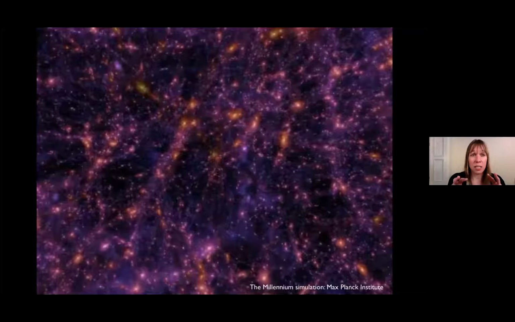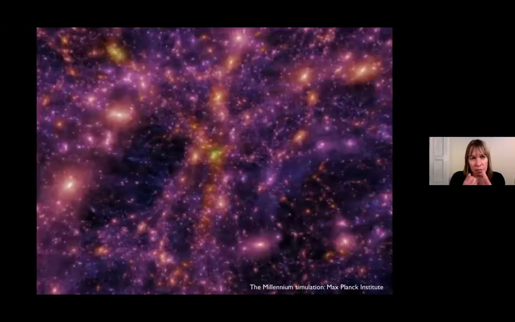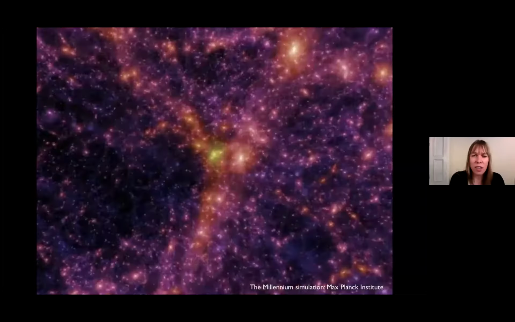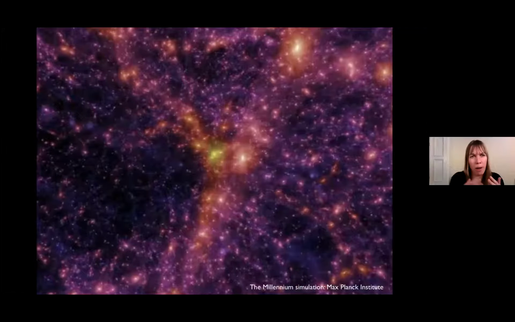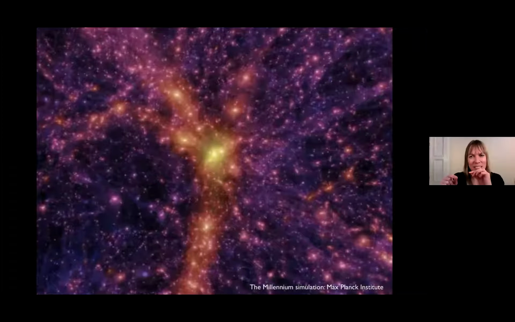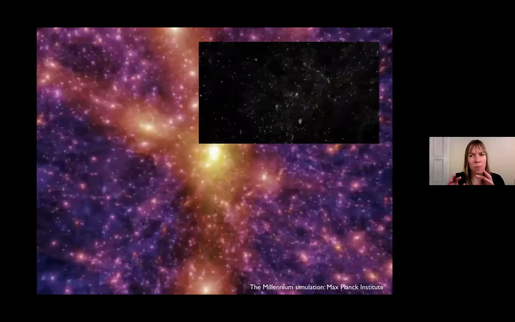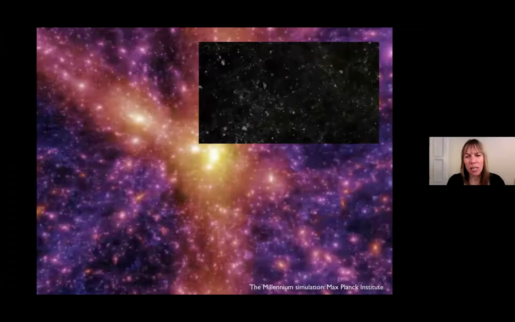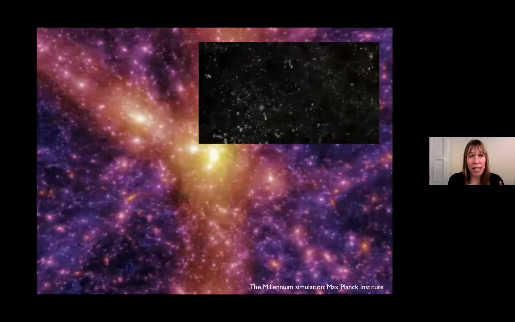If you just simulate the universe with a dark matter particle that interacts through gravity, then what you find is it forms these web-like structures. Our hypothesis is that the galaxies that we can see that have this web-like structure are just mapping out where the dark matter is. And it's the dark matter that dictates where and when the galaxies form in our universe.